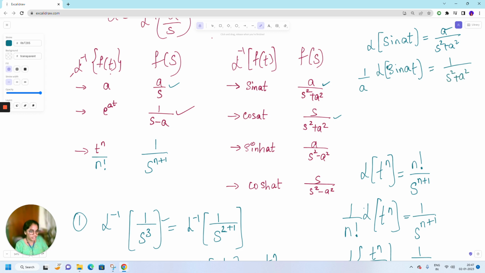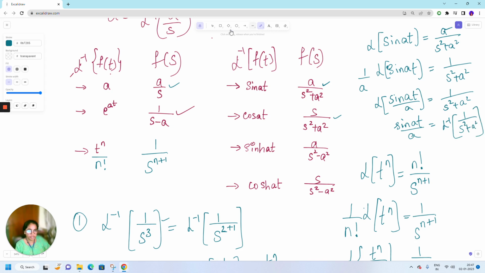Can I take this a inside the Laplace? Yes, because it is a constant. What happens to the Laplace if it is shifted to the RHS? It becomes Laplace inverse. Laplace inverse of 1 divided by s square plus a square.